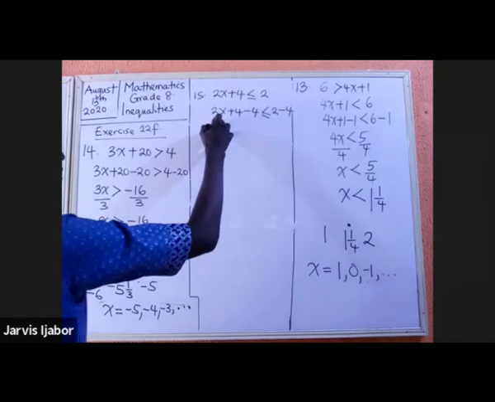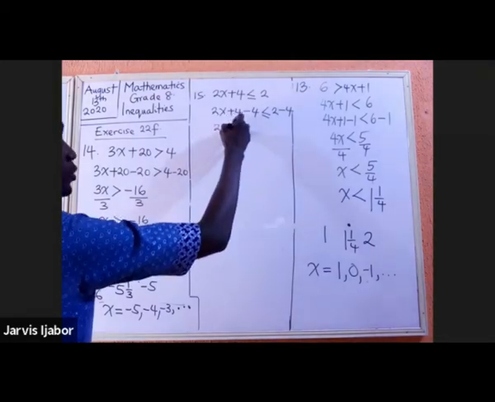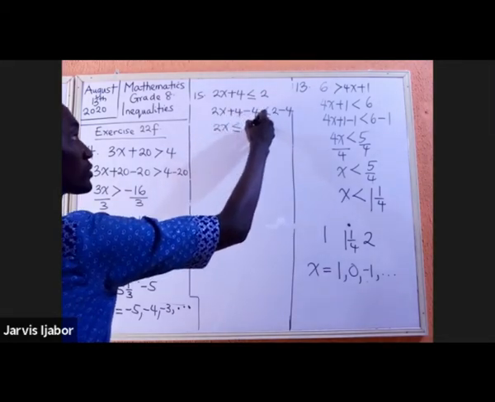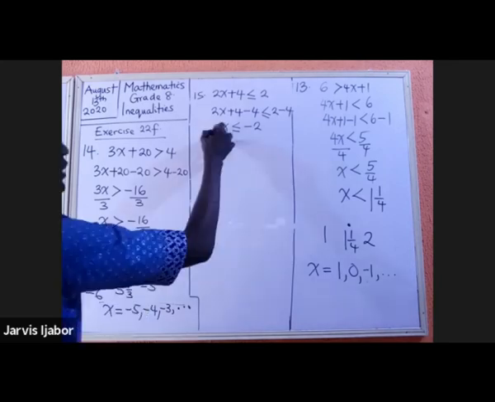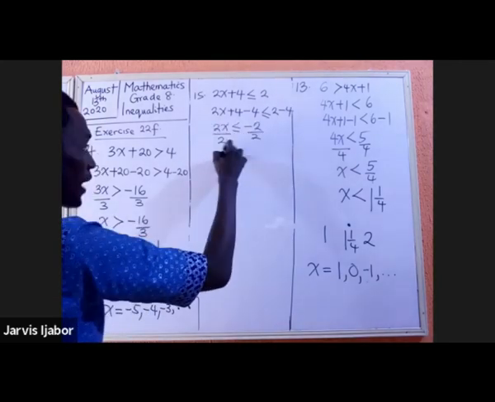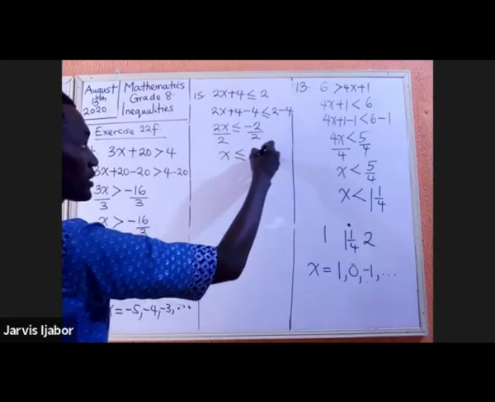So which means that 2x will be less than or equal to negative 2. Good. So I divide both sides by 2 and x will be less than or equal to negative 1.